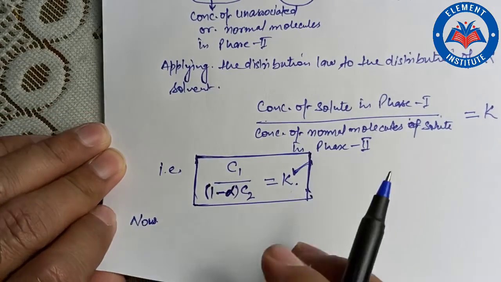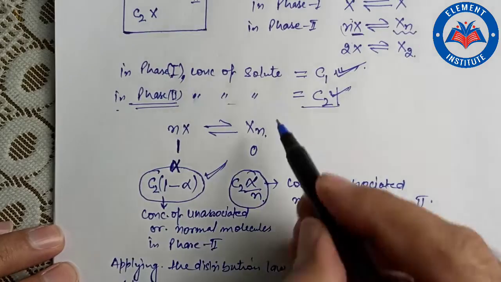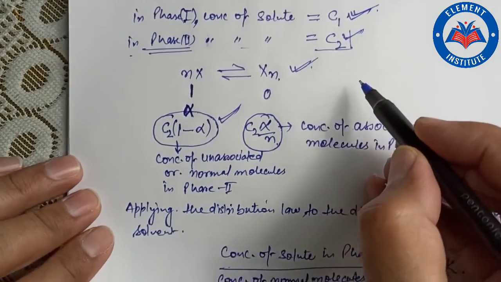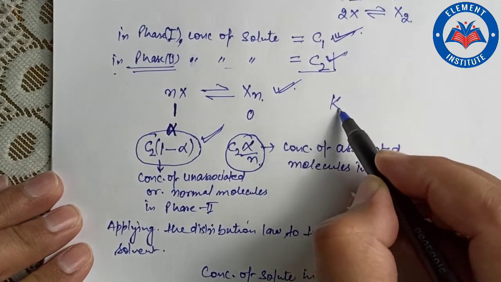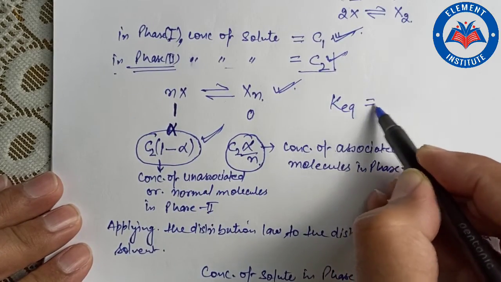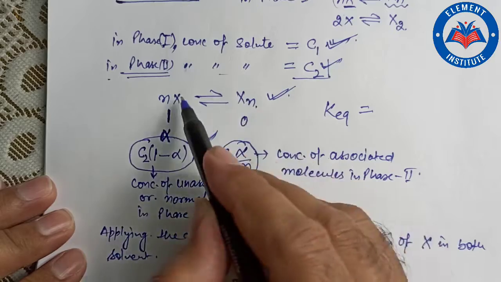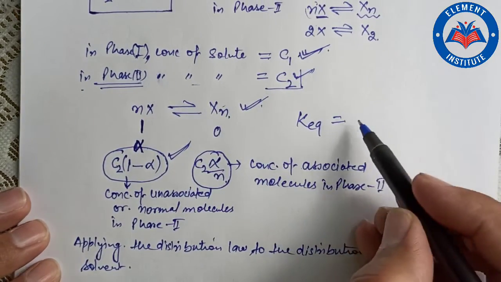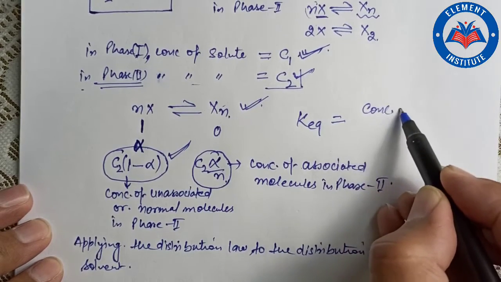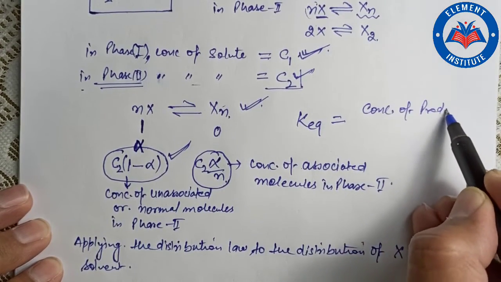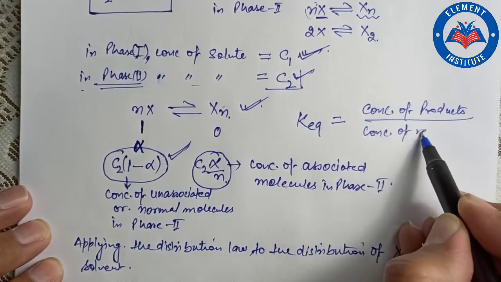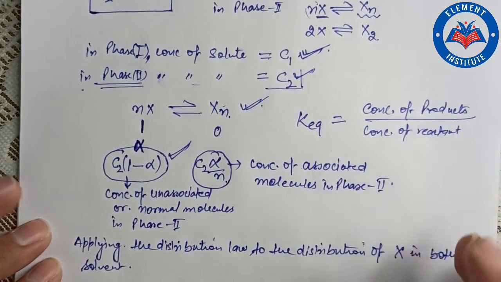Applying the law of chemical equilibrium to this reaction, the equilibrium constant is equal to the concentration of the products upon the concentration of the reactants.